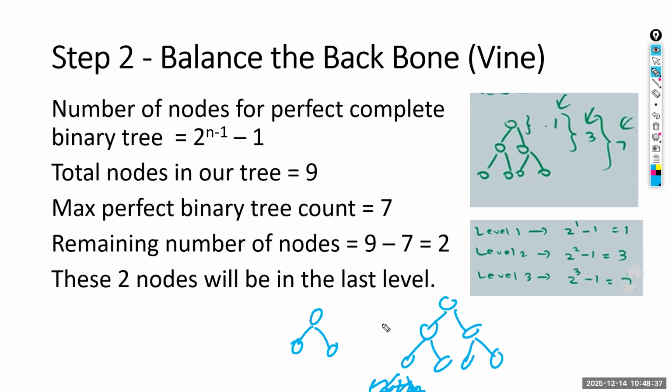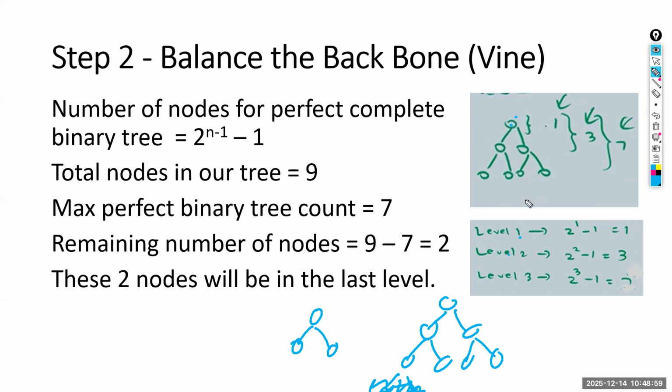So therefore if you have 3 nodes, if you have level 1, you have only 1 node. Level 2 perfect binary tree has 3 nodes.